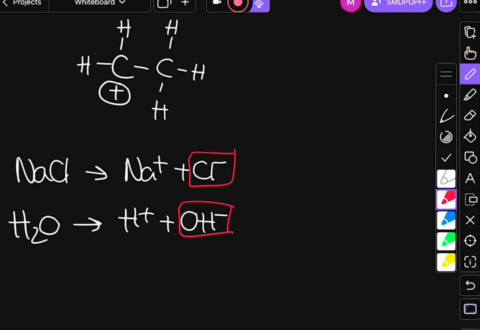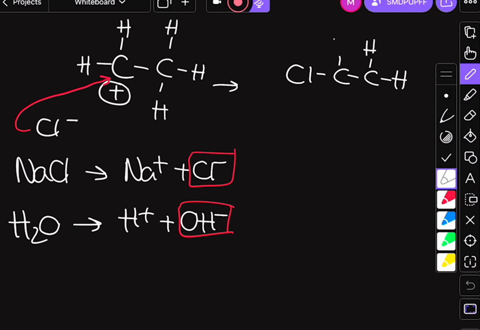So in this case, the OH minus we would be interested in as our piece of evidence. So if it was the chlorine, we'd have our Cl minus down here, and our anion is going to go for here, making us Cl. We've said we put it on the side, always, because the halogens are large. So we'll just stay in that habit.